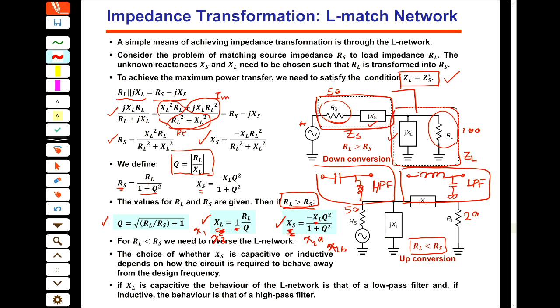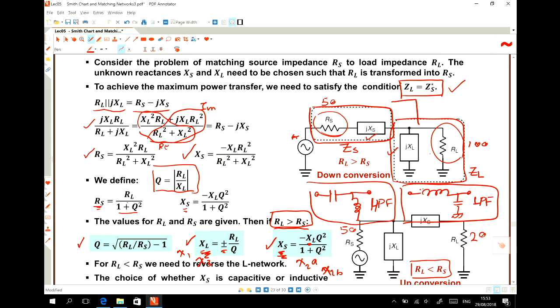Okay, so the question that your friends asked: what if it is not RS and RL? I mean, if it's not pure resistance, then what should we do?